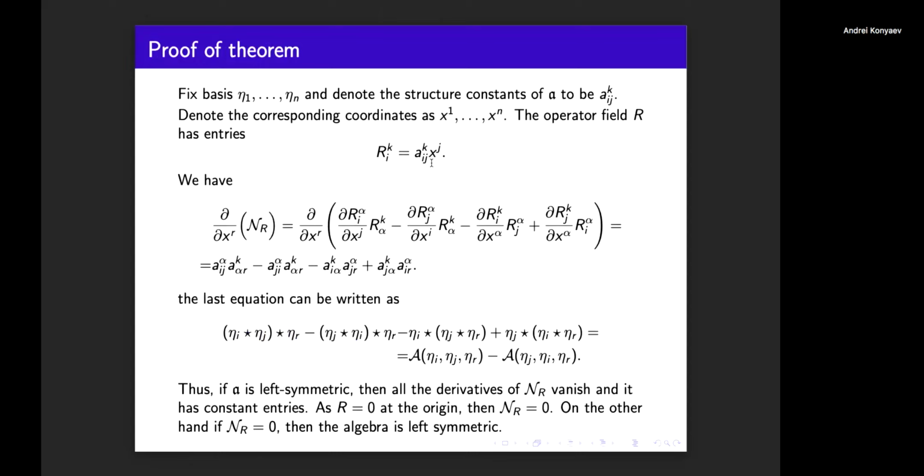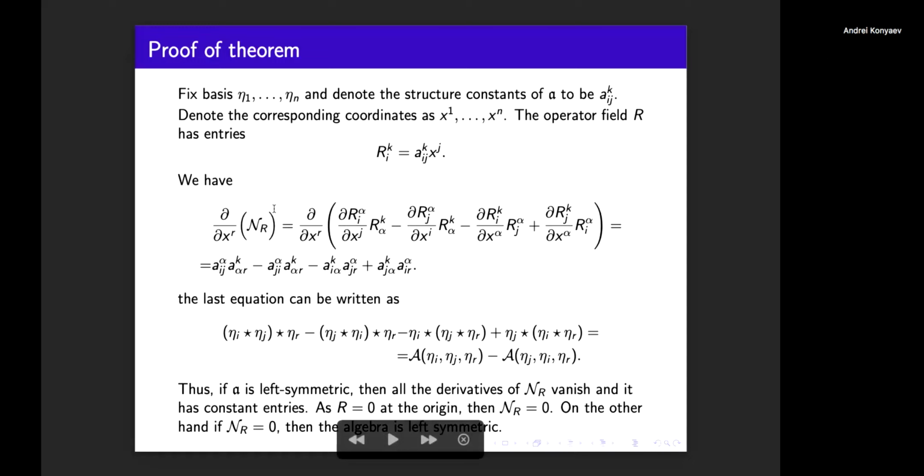But this observation is nice, because if we look at the Nijenhuis torsion of this operator, we will see that it is a linear function. Why? Because these are homogeneous linear functions, and these derivatives are constants. So if we multiply them and gather all the terms, we get the homogeneous linear components for our Nijenhuis torsion.